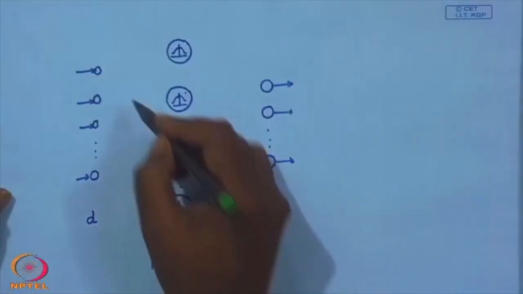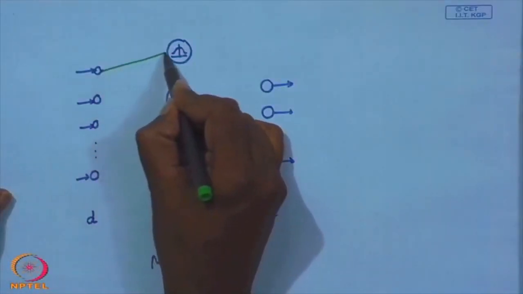Then every node in the input layer is feeding input to every node in the hidden layer, and the output of every node in the hidden layer is connected to every node in the output layer. So, I have the connections which are something like this.